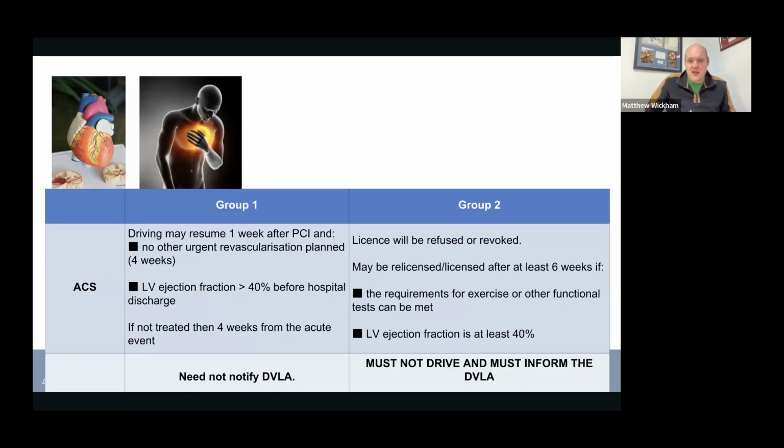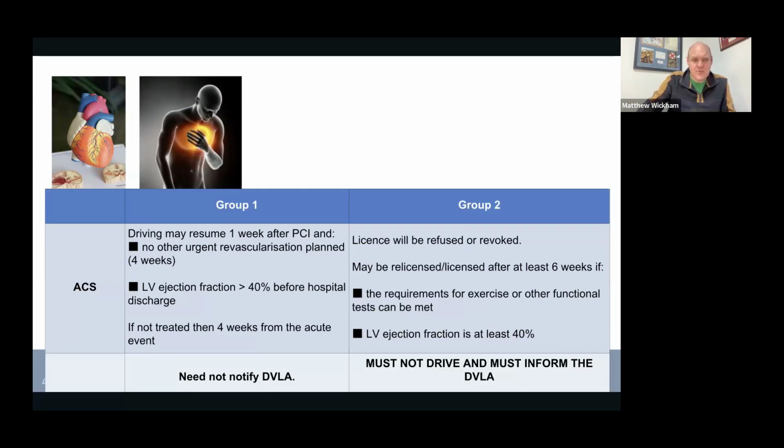It may be after 6 weeks if the requirements for exercise or other functional tests can be met and the LV ejection fraction is at least 40%. Again, that functional testing is not the role of the GP, often either occupational health triggered by the driving company they work for, or the DVLA themselves will manage that. So don't get drawn into this. And again, LV ejection fractions, have they had an echo?